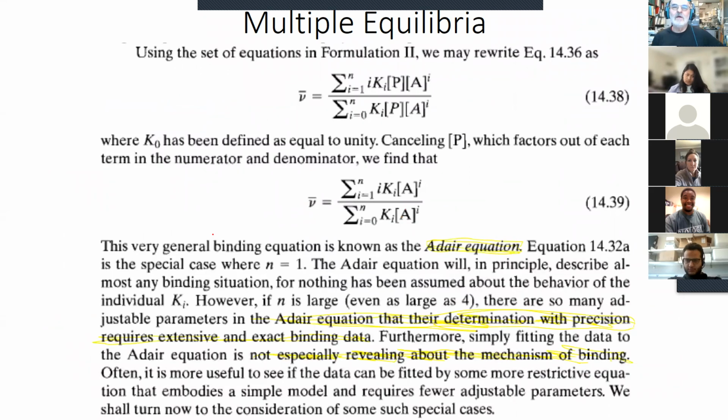So now when you write down the total ligand bound divided by the total protein, you then basically solve these similar equations for what we had done above.